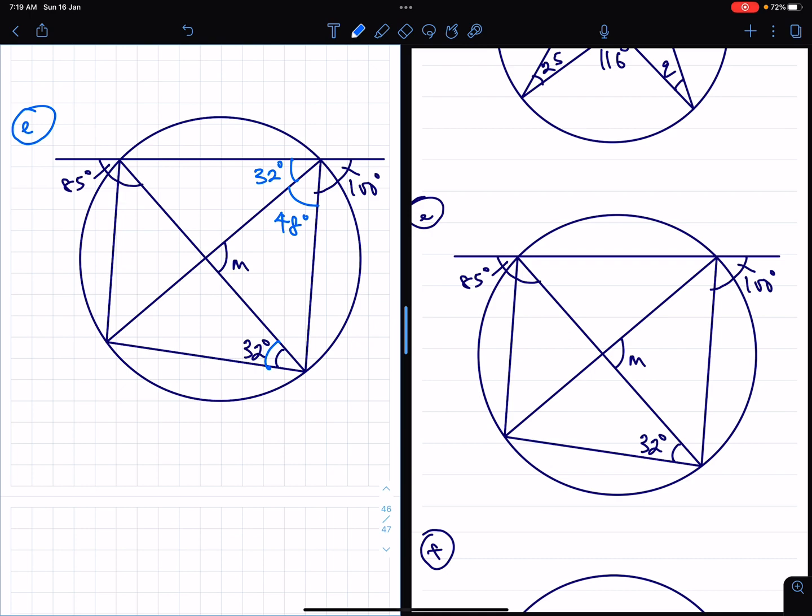If that is 48 degrees, and I know this one, I'll be able to find M. Let's see how I can find this one. What do I do to find M here?